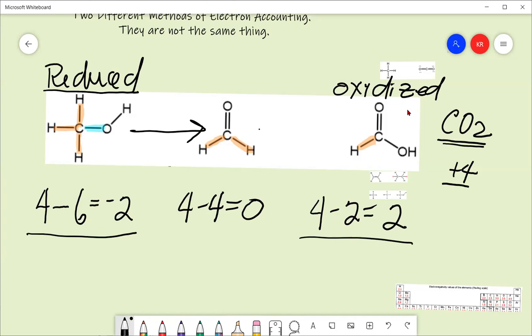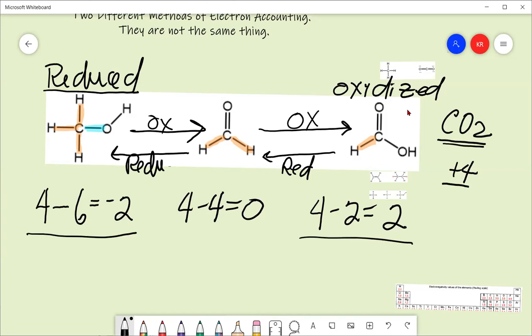And going from this carbonyl compound to the carboxylic acid is also an oxidation. Ox and ox. And when you go in the opposite direction, that is a reduction, because we're changing the oxidation state of the carbon.